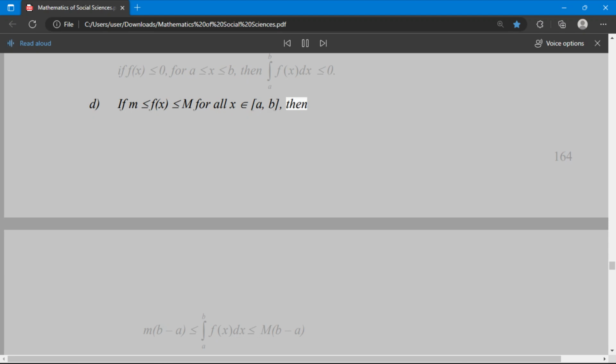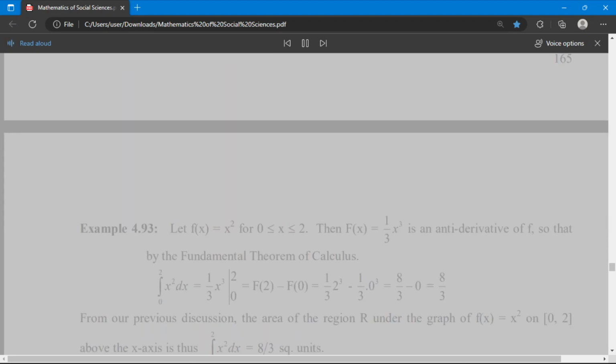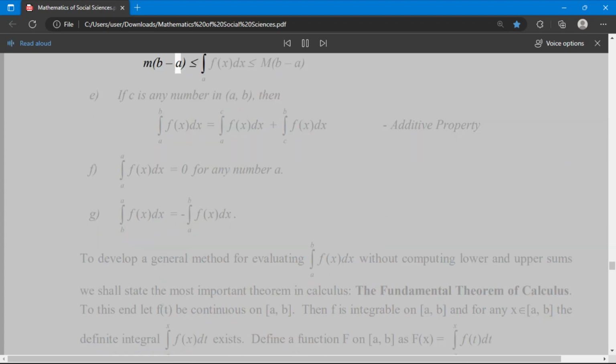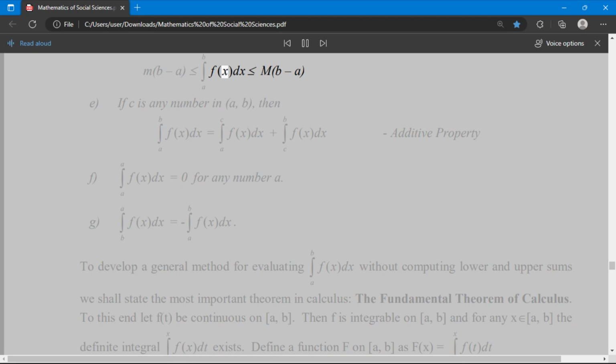If m ≤ f(x) ≤ M for all x in [a, b], then m(b − a) ≤ ∫ₐᵇ f(x) dx ≤ M(b − a). e. If c is any number in [a, b], then ∫ₐᵇ f(x) dx equals ∫ₐᶜ f(x) dx plus ∫ᶜᵇ f(x) dx.